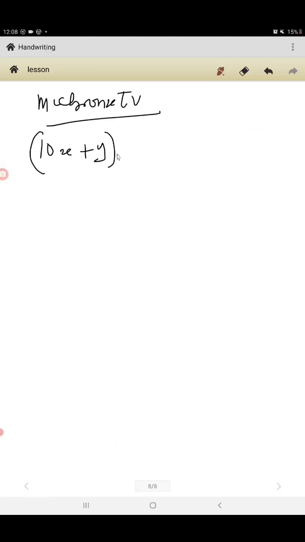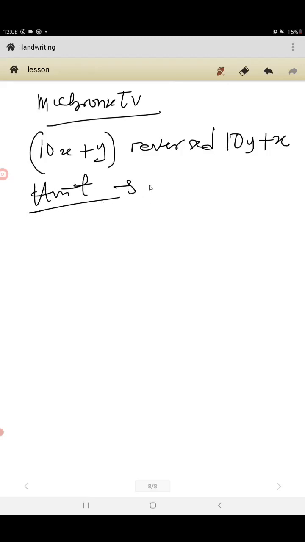When this number is reversed, it will be 10y plus x. So the unit digit will now go to the tens digit. For example, 23, if reversed, will be 32. And 32 will be reversed to 23.